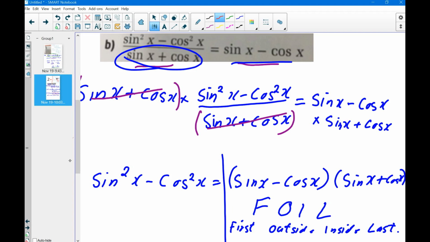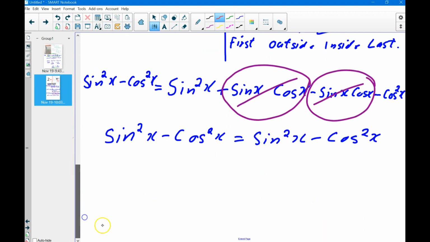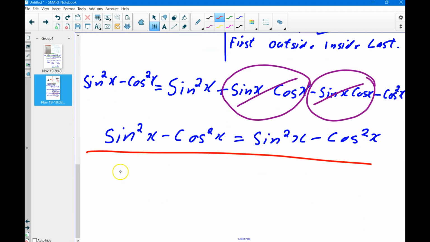It's kind of like factoring. Let me give you an example. If I were to factor 16/20, I can go 8/10 or 4/5. That's fine.